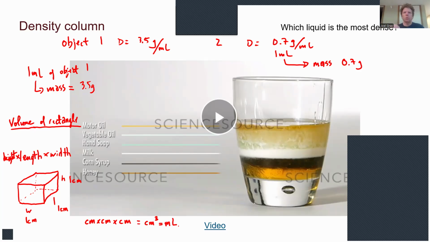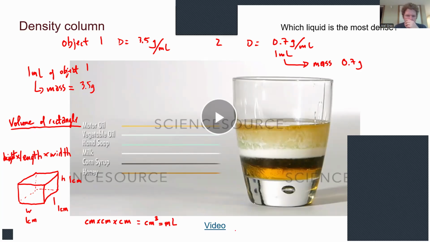So what I try to do is, let's say that I had coffee and I needed to figure out the density of coffee, which, spoiler alert, is going to be very close to 1 gram per milliliter because water is 1 gram per milliliter.